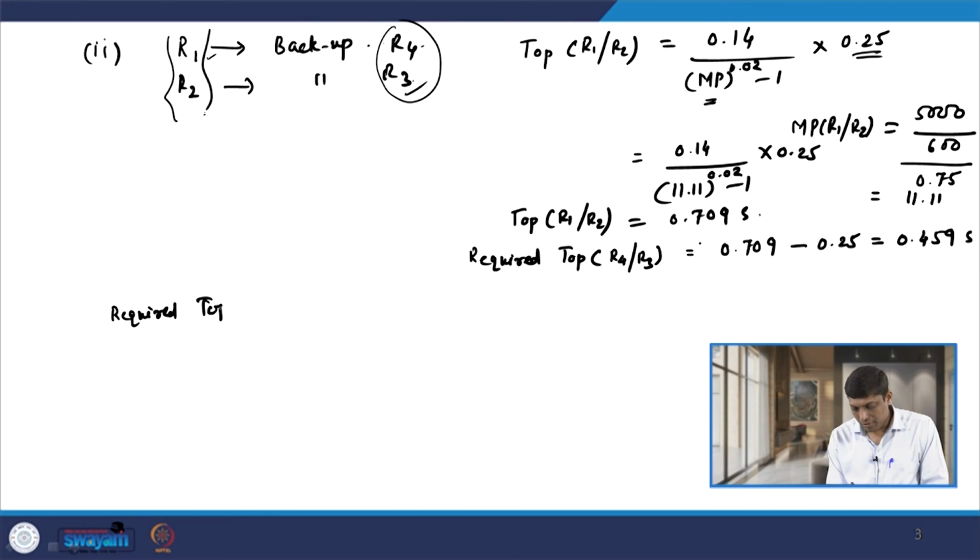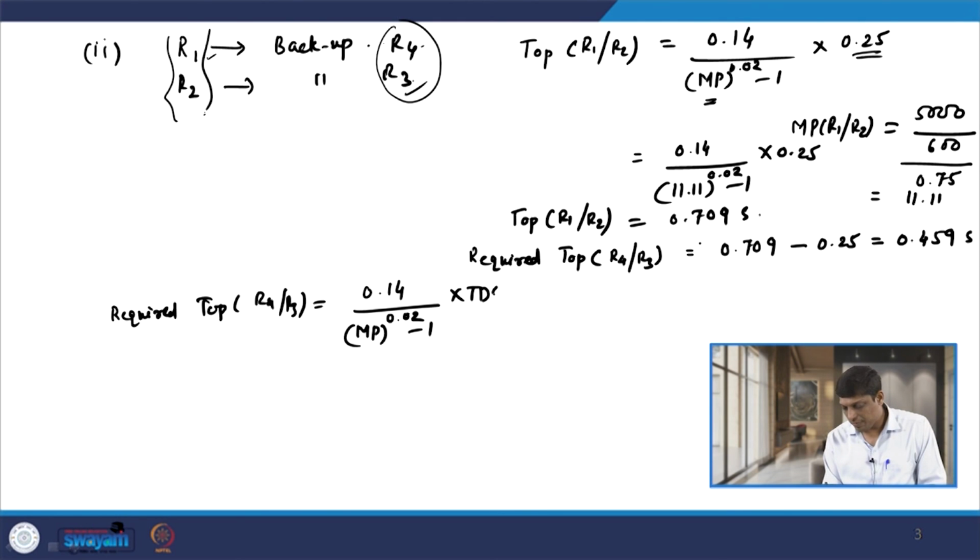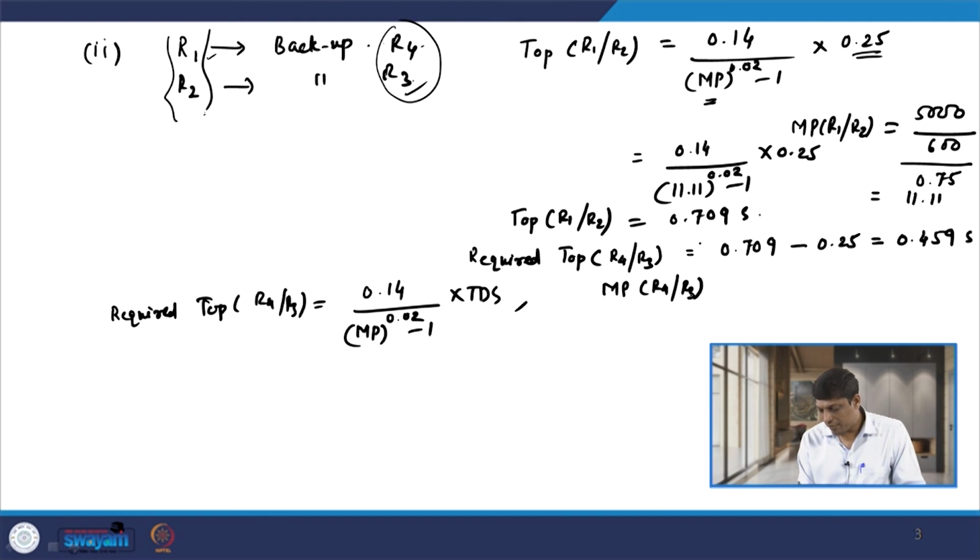So, now we can easily find out the required top of R4 oblique R3, that is equal to 0.14 divided by MP raised to 0.02 minus 1 into TDS. So, we need to find out the multiple of pickup current of R4 oblique R3. So, that is for the same fault current, 5000 ampere divided by CT ratio of R4 R3, that is 600, whole divided by plug setting of R4 and R3, that is 50%, so 0.5.